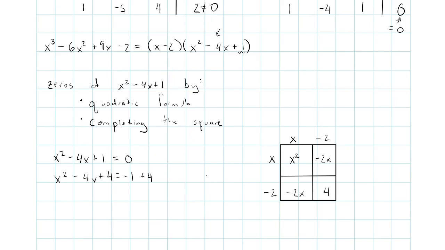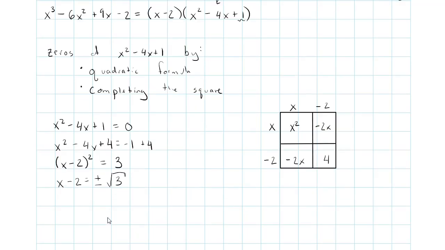So I'll add 4 to both sides. So x minus 2 squared on the left equals -1 plus 4 is 3 on the right. Now using the square root property, x minus 2 is either the positive or the negative square root of 3. Adding 2 to both sides, x is 2 plus or minus root 3.